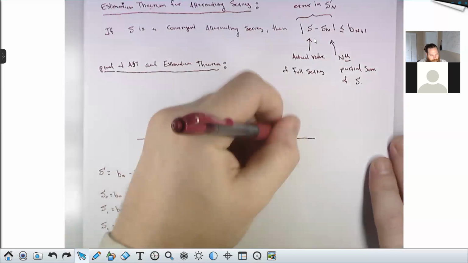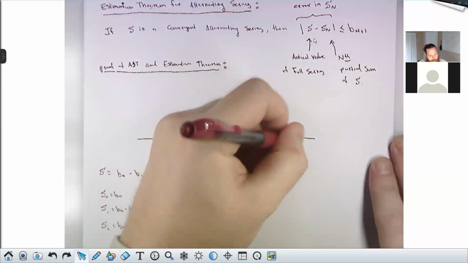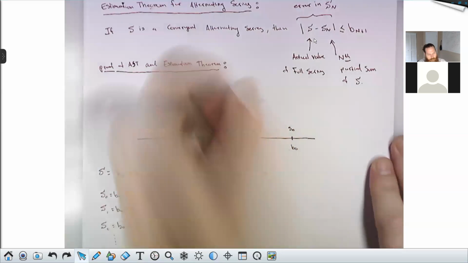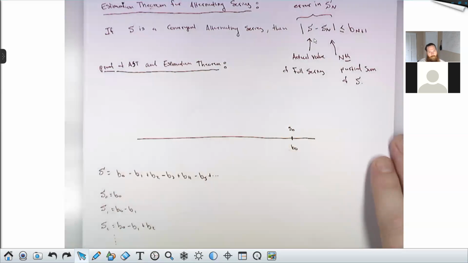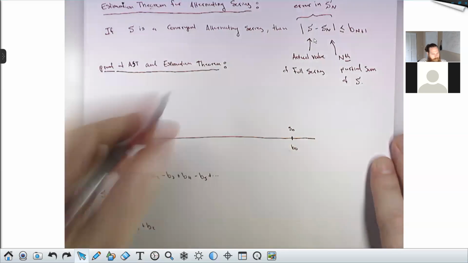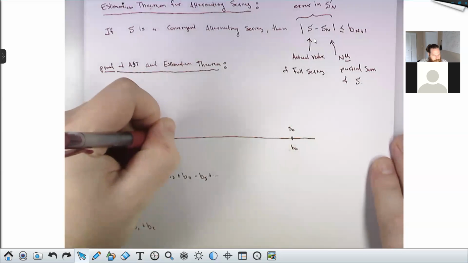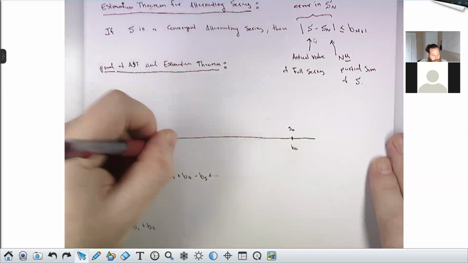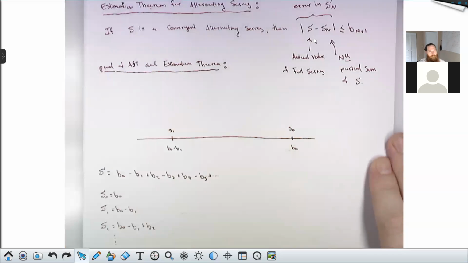S0 is the same as B0. But now, from B0, I'm going to subtract B1 to get to S1. So if S0 is way over there, then S1 is right here. And that's B0 minus B1.